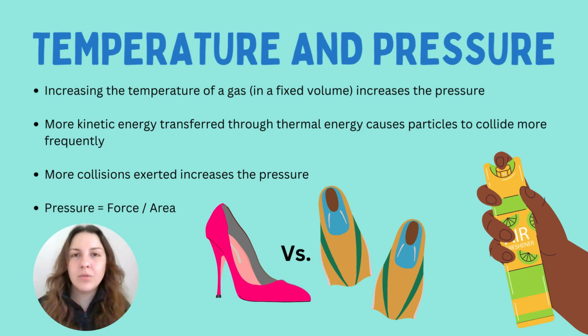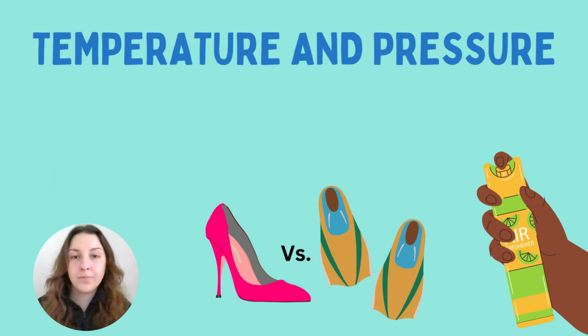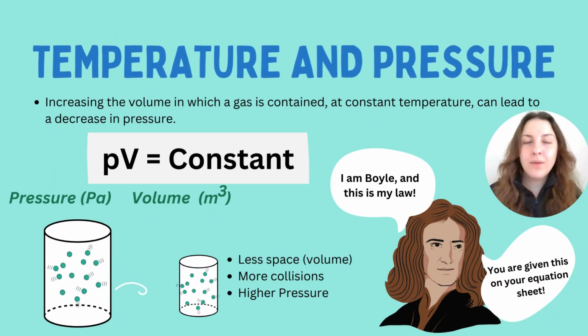So that's just something to put into context, that in this case with temperature and pressure, remember force and area are very much interlinked as well. So we now know that if we were to increase the temperature on a set of gas particles, we can actually increase the pressure. And that's because by increasing the temperature, we provide the particles with more energy. That thermal energy supports those particles to move more.